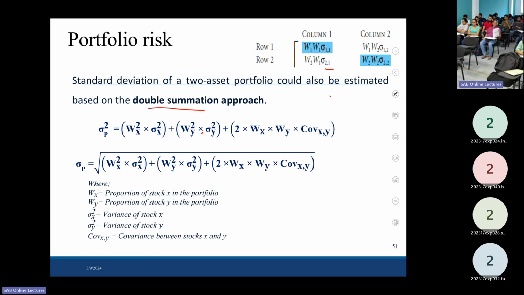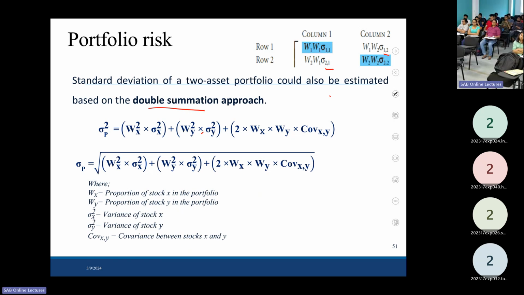Here weight 1, weight 2, covariance between 1 and 2, or 2 and 1. Both are the same.